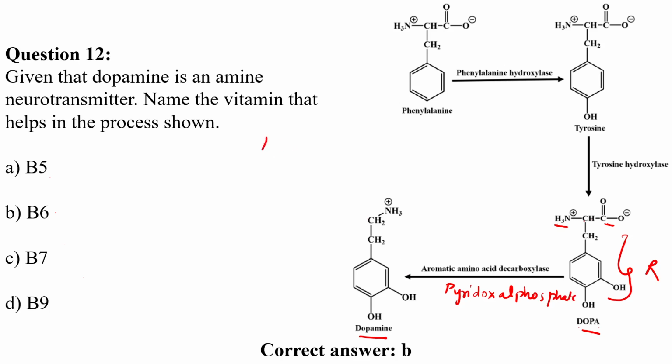So you remember the active form of vitamin B1 was thiamine pyrophosphate. Okay, the active form of vitamin B2 was flavin adenine dinucleotide. Similarly, for B6 we have pyridoxal phosphate.